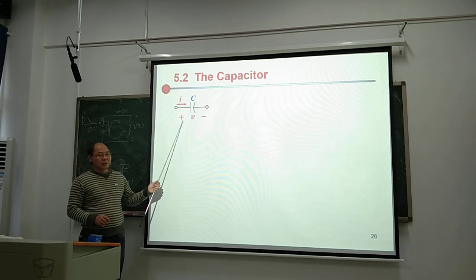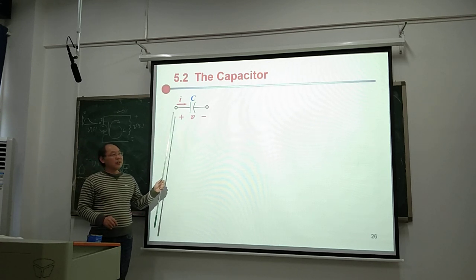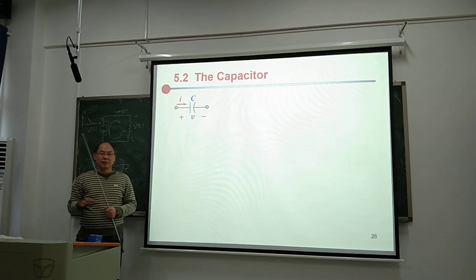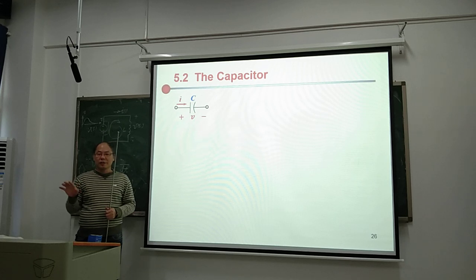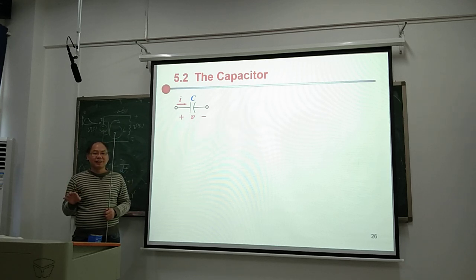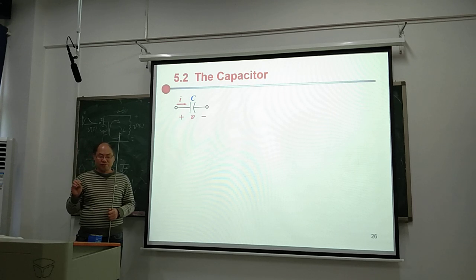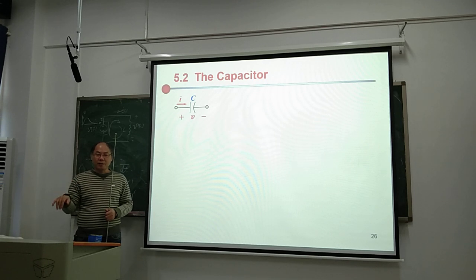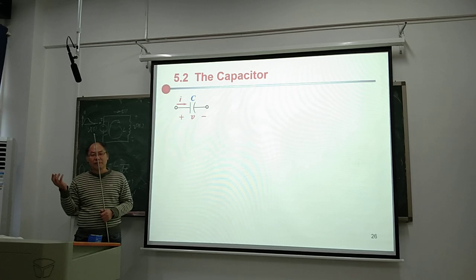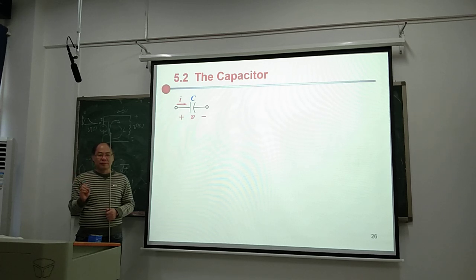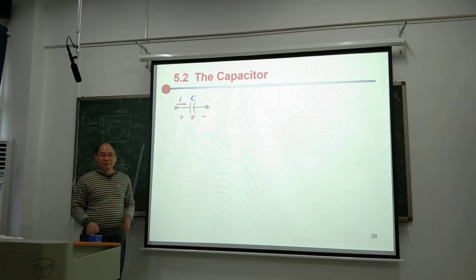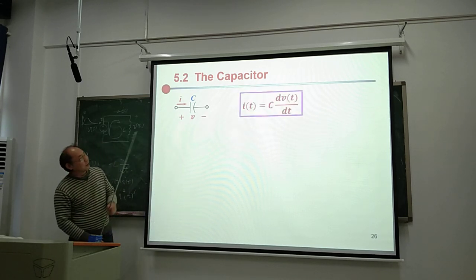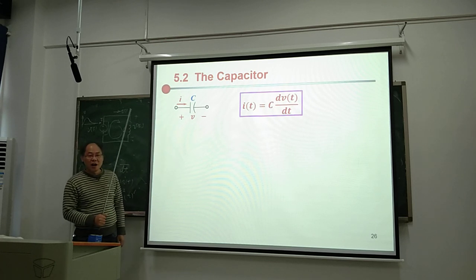For an ideal capacitor, it doesn't dissipate power. It can only store energy, and we can extract power from the capacitor, but it itself cannot dissipate power. So it only stores the power.